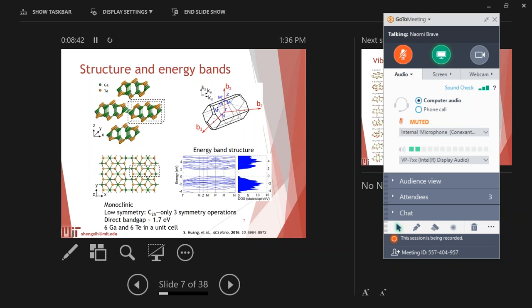We can see the structure is quite complicated, and there are several high symmetry points shown here. We can use DFT calculations to calculate the energy band structure. We can see roughly along this line, the bands are quite flat, and this means the optical absorption can be quite high in this band gap range.